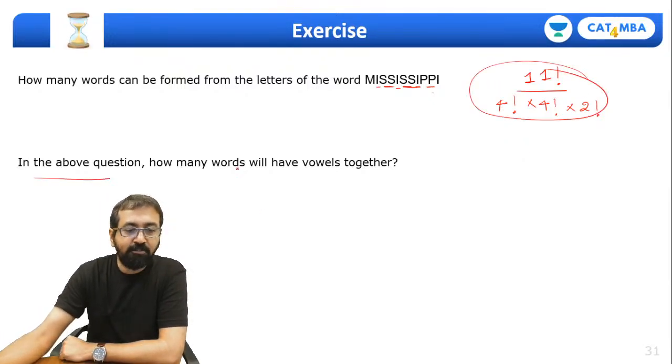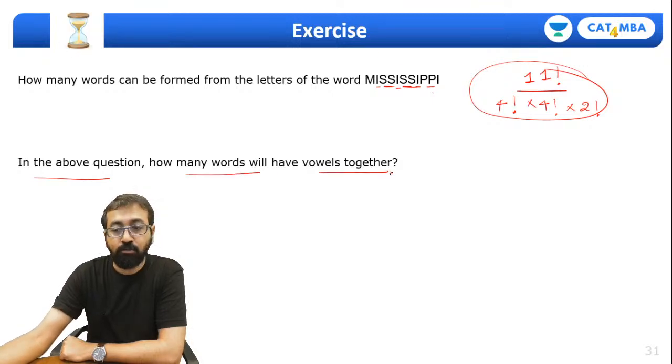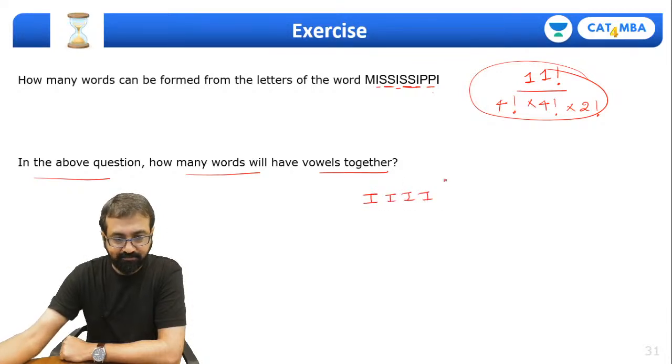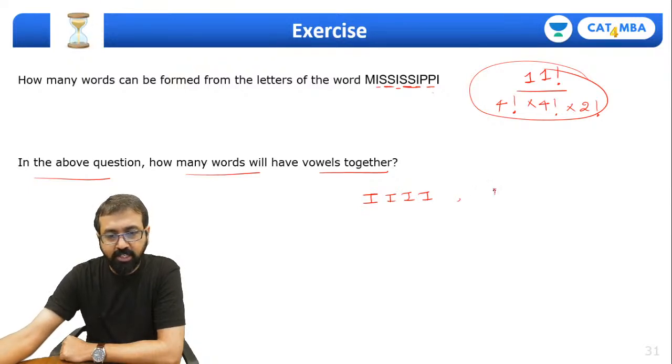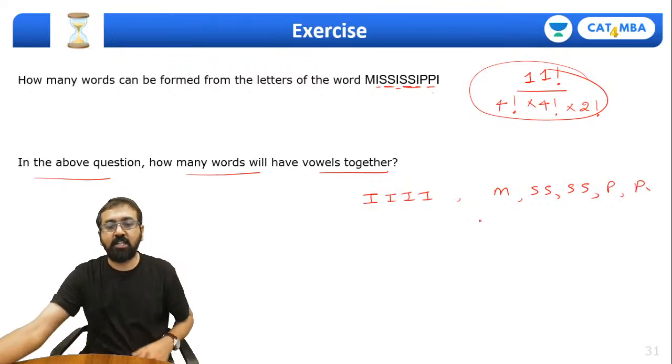Now in the above question, how many words will have vowels together? So I want to keep these vowels, the I's, together. How many I's are there? 4. Do we have any other vowel? No. And which are the consonants? So M, S, S, S, S and P, P. Right? So these are the consonants.